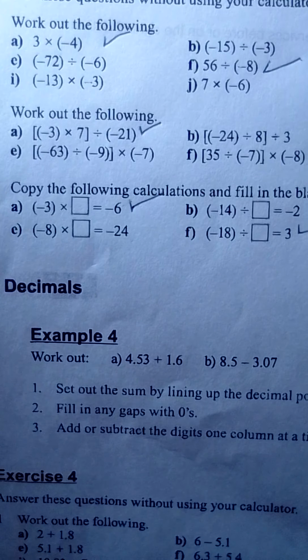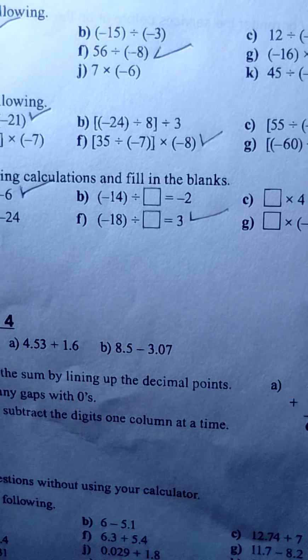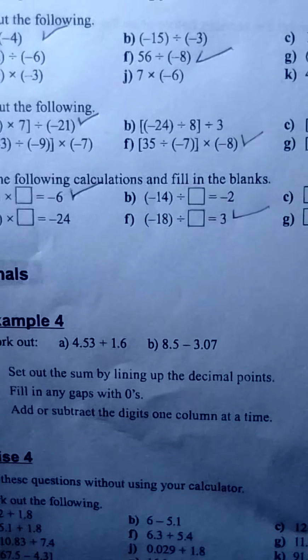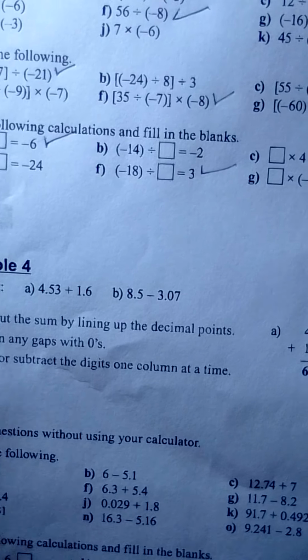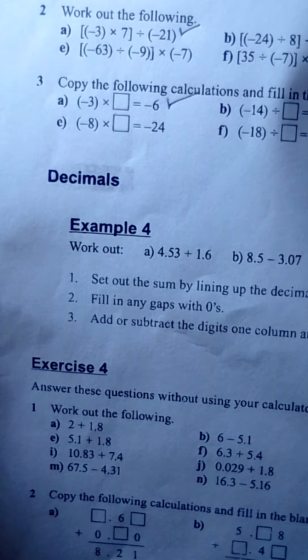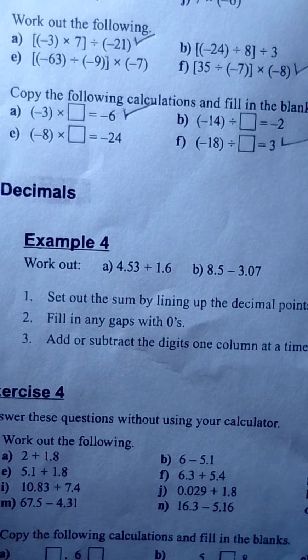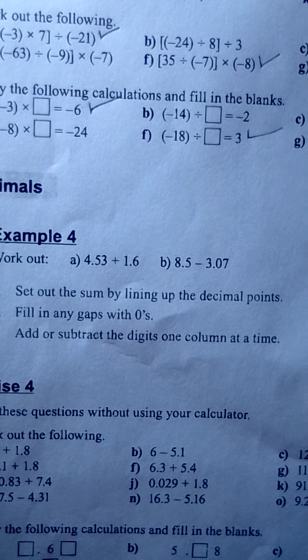It's saying copy the following calculations and fill in the blanks, right? It's short there. A is saying open bracket minus 3 by blank is equals to minus 6.